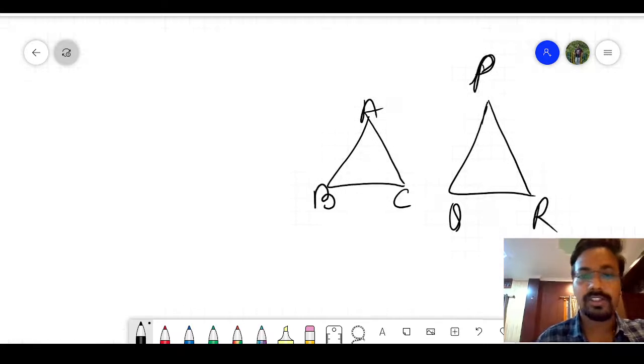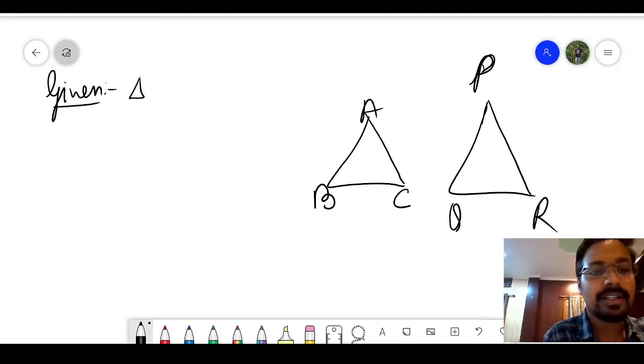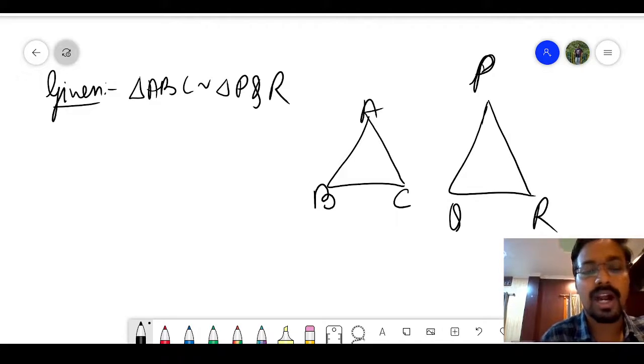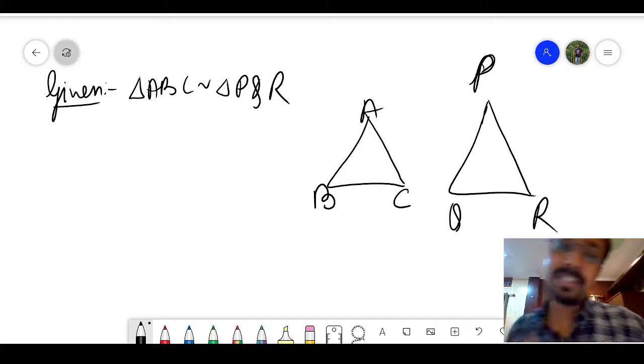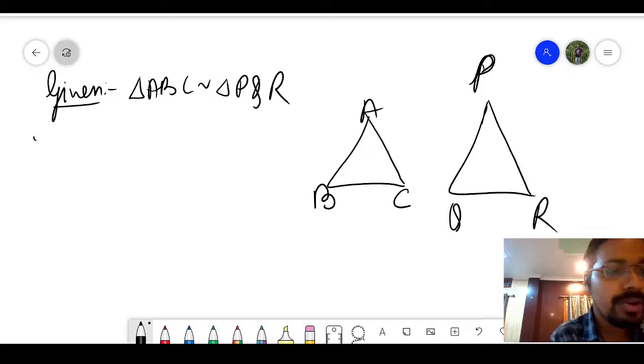So what do we have to prove? First of all, what is given? According to this diagram, we will write that triangle ABC is similar to triangle PQR. This part is given. Next, what do we have to prove?